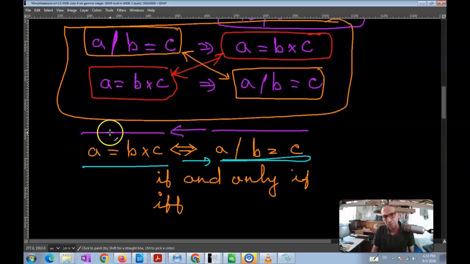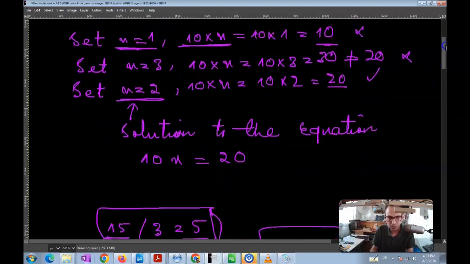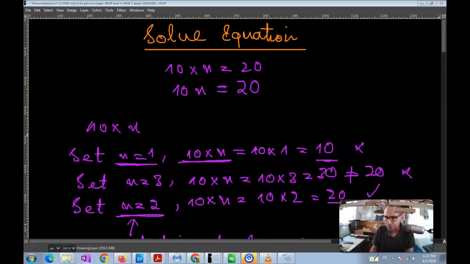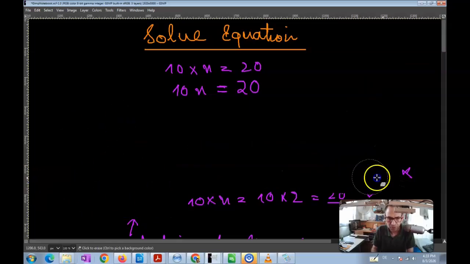Okay? So now this property of the relationship between multiplication and division, we can use in order to solve our equation, right? So what I'm going to do is come over here to our equation.